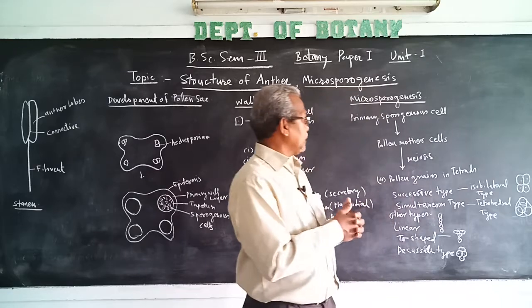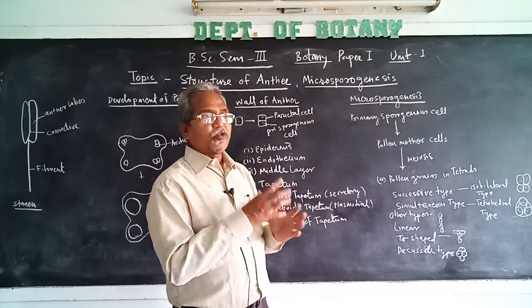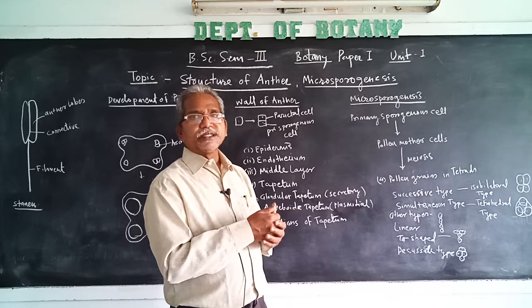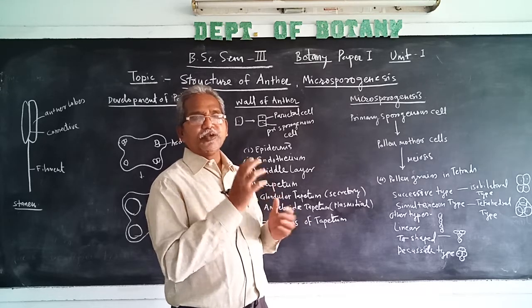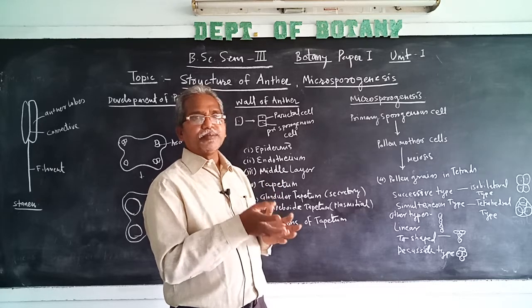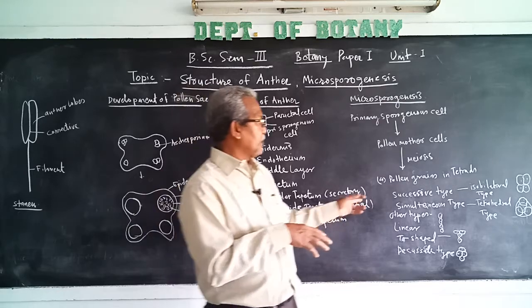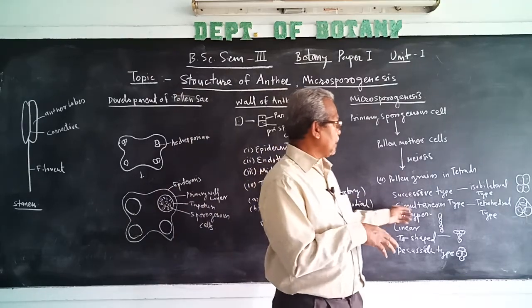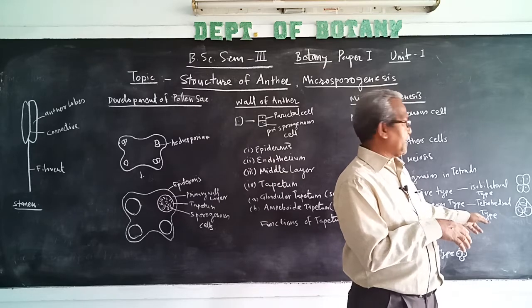While in the simultaneous type, the nucleus of the pollen mother cell, after meiotic division, forms four haploid nuclei. After the formation of four haploid nuclei, wall formation takes place. That is the simultaneous type, found in tetrahedral pollen tetrads.